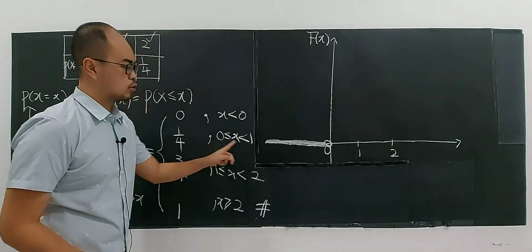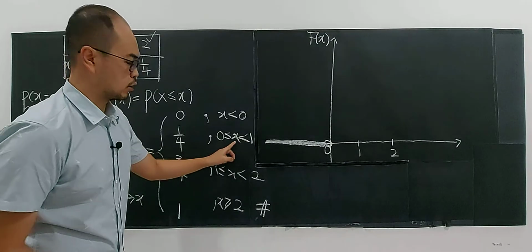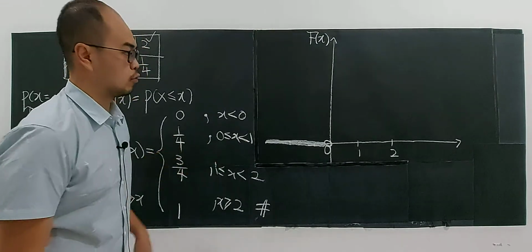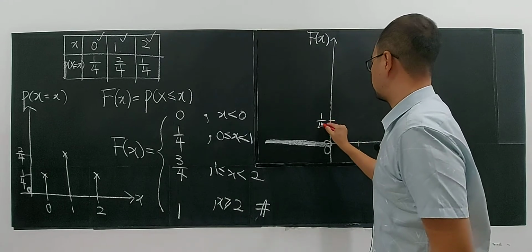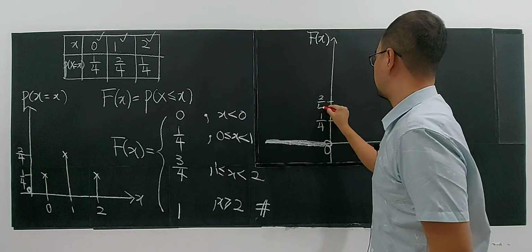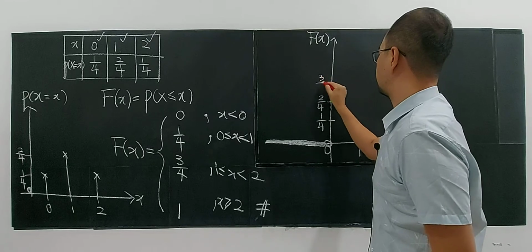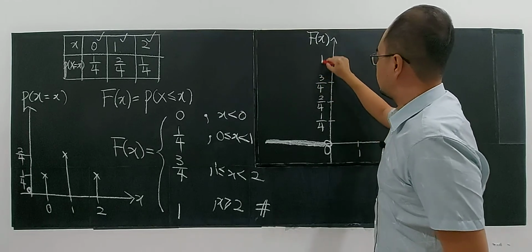Between 0 and 1, including 0, it is 1 over 4. So I write 1 over 4, 2 over 4, 3 over 4, and finally 1.